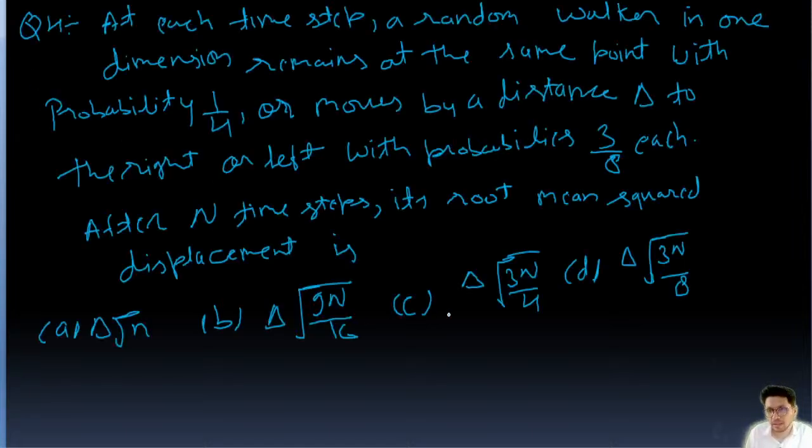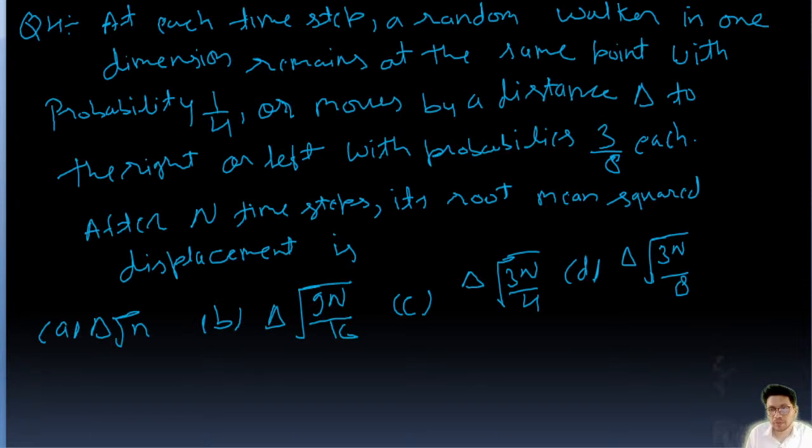Okay, so you can see from the question and the options that the XRMS, the root mean squared displacement, is of the form K root n.